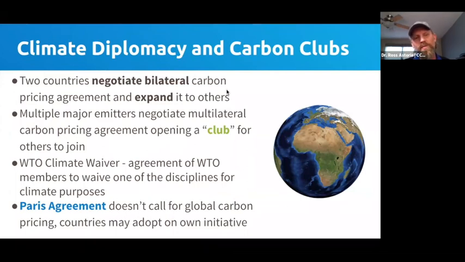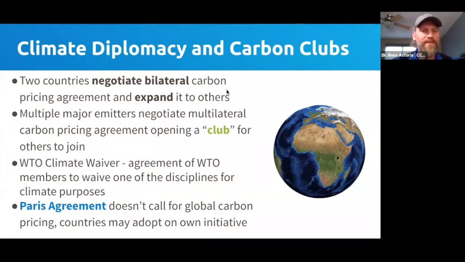Another thing we might have to do here is address the GATT, which I think in this case is not overtly hostile to climate mitigation efforts, but it's also not entirely friendly.